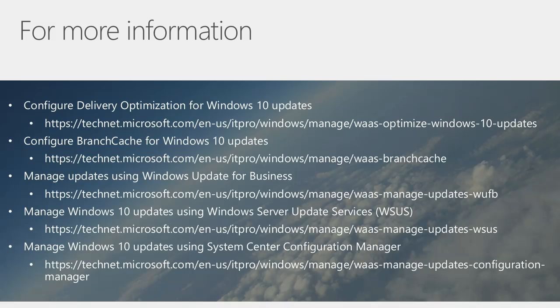Yes, so for the client caching with Config Manager, both the quality updates as they're distributed every month and the feature updates as they're delivered every 6 months use the Config Manager client cache.